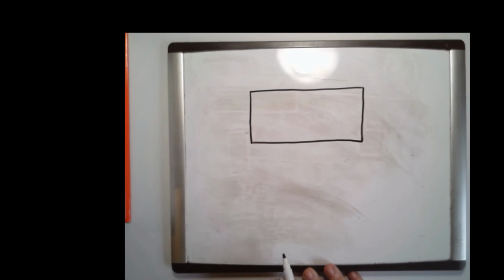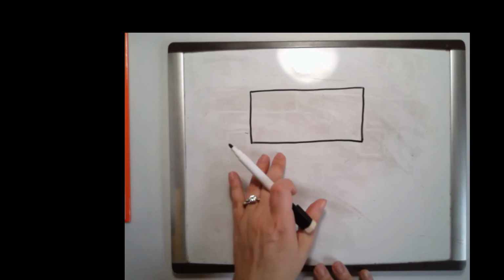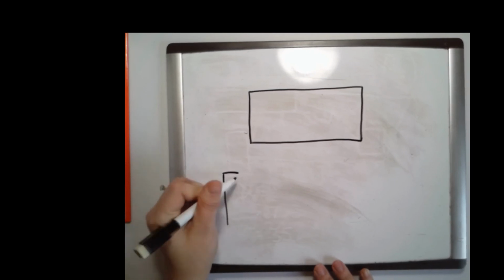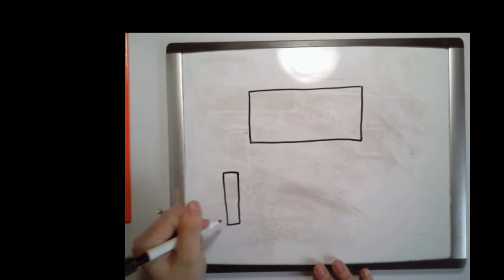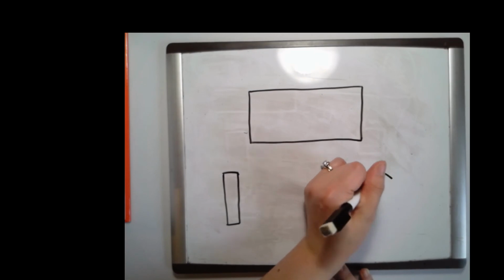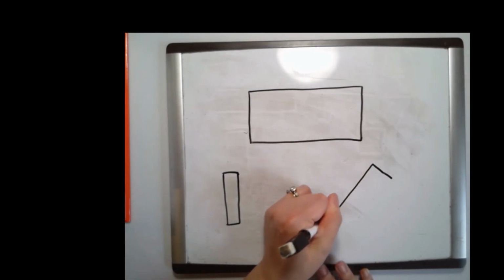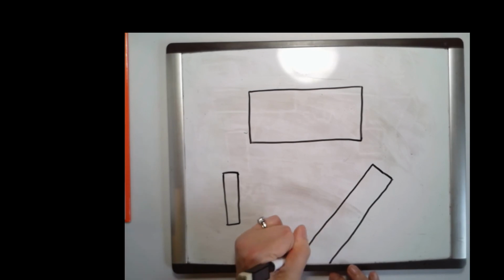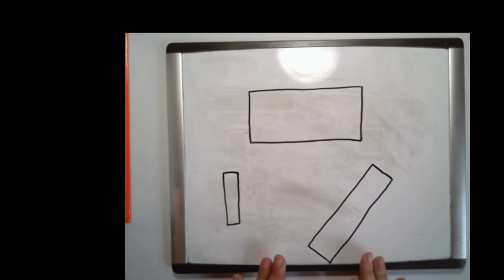So what you'll see on your follow-up work is you'll have a rectangle, and it may look like this, it may look like this, it may look like this, but the formula will always be the same.